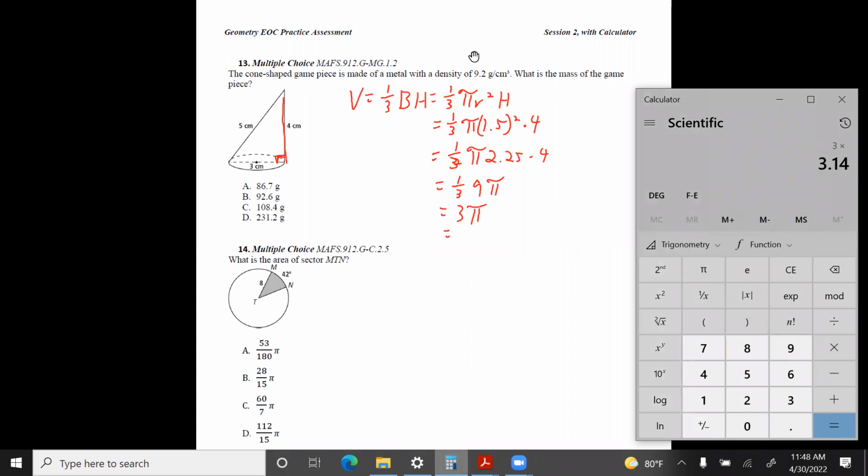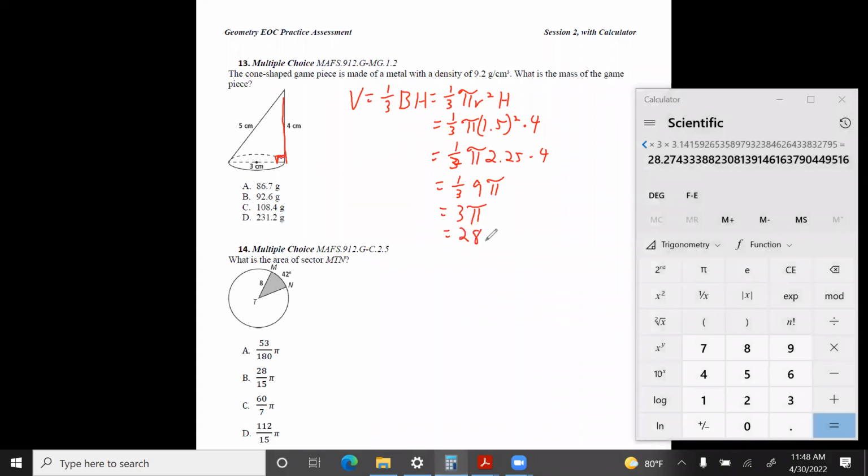Did they say to use 3.14? They did not. All the other ones that we've done so far have said to use 3.14. I'm actually going to use the pi button on the calculator this time. So 3 times pi equals, and we get 28.27. Now, this is our volume.